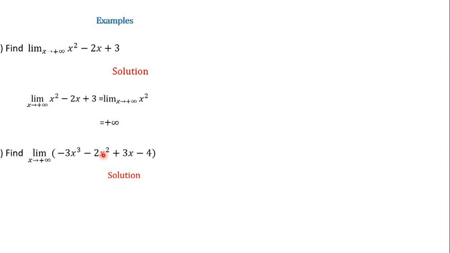Instead of substituting positive infinity throughout, the solution will simply be the limit of the term with the highest power, which is x cubed, so it will just be the limit as x tends towards infinity of negative 3x cubed.